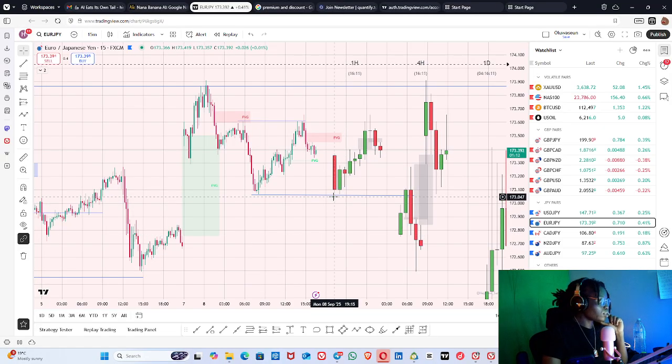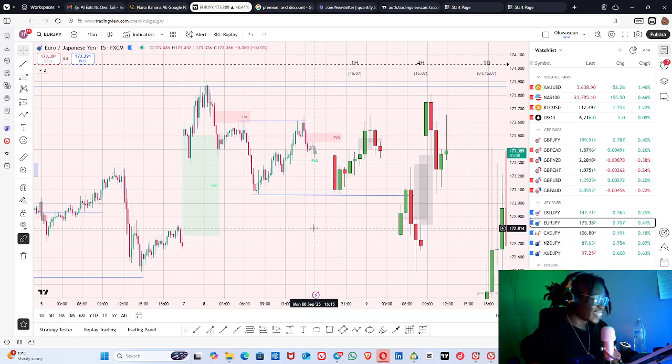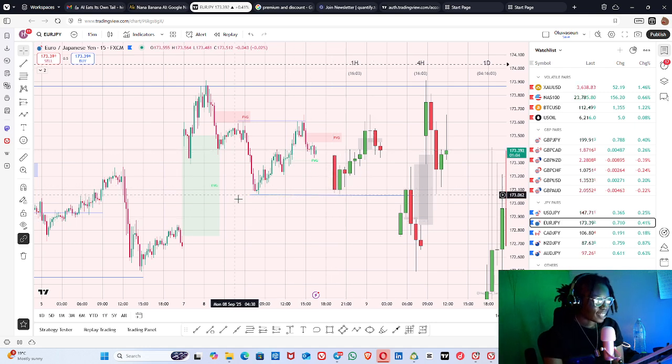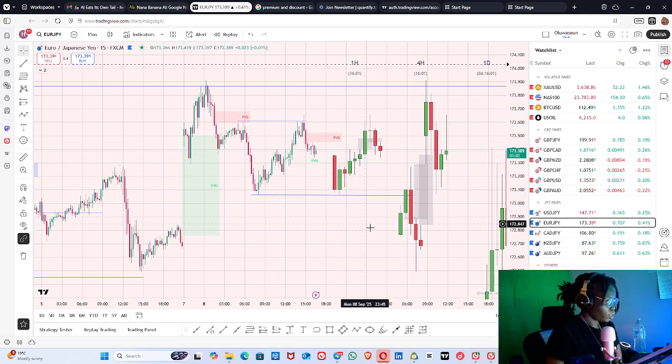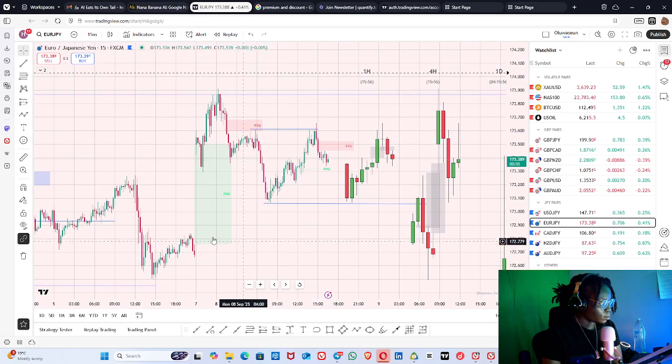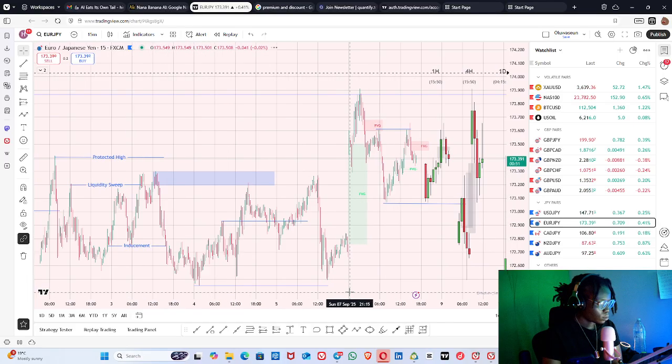I think it's going to make sense. Oh my god, it's actually going to make a lot of sense if I take a sell entry here, because this formation is really making sense.